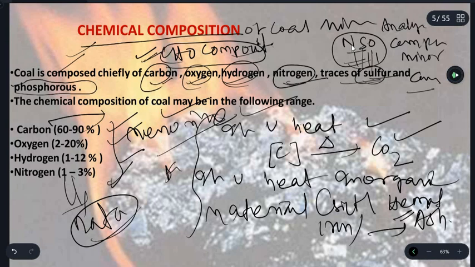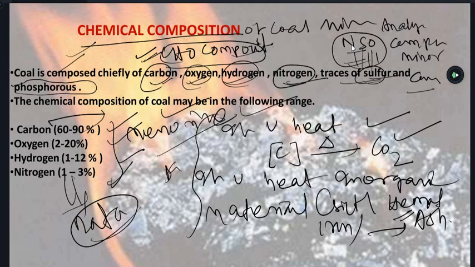Sir, CHO and CHON. They call it CHO. Nitrogen is included, but still they call it CHO. Yes, if you go to the lab, I do not exactly remember the instrument because I have done it, some interferometer or something like that. I don't forget that instrument.